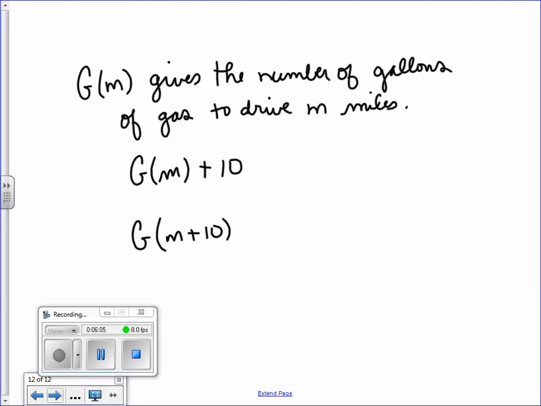Ten more miles, yeah. That's exactly what that is. You're adding 10 more miles to it, yes. 10 miles more than m miles. Good.